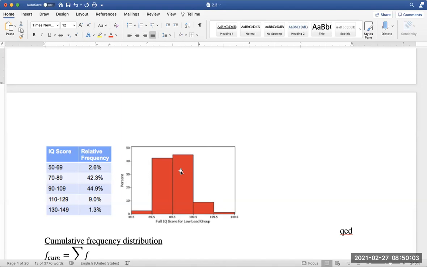And that is my histogram, my relative frequency histogram.